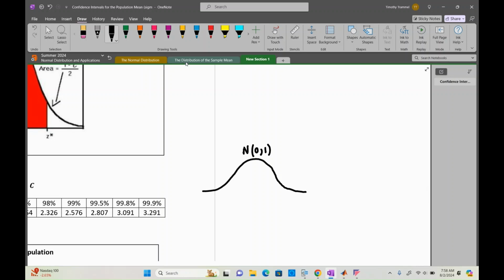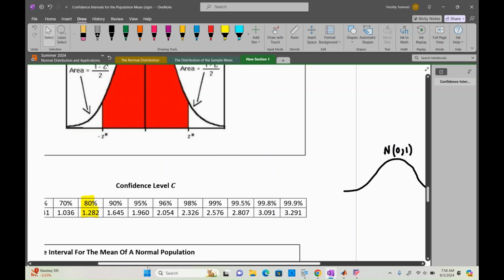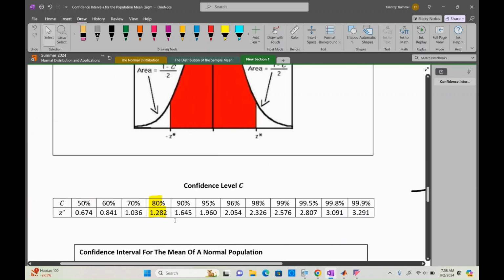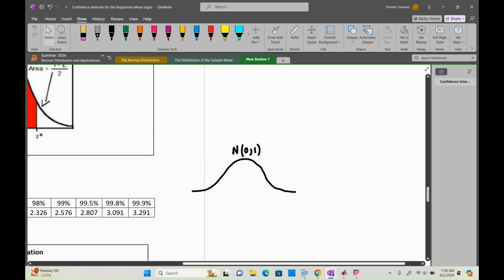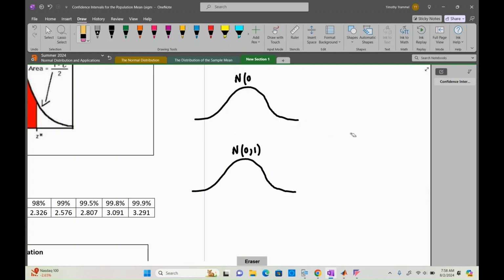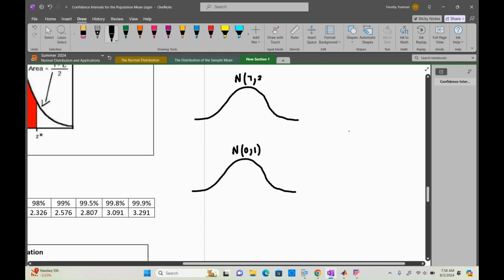Before we can get into this part, I need to explain why I'm using this one. So I'm going to make a second distribution right above that I'm eventually going to erase. I just want to motivate what we're doing here. Let's say that this is 7 and then this is 2. So this one up here would be centered at 7.